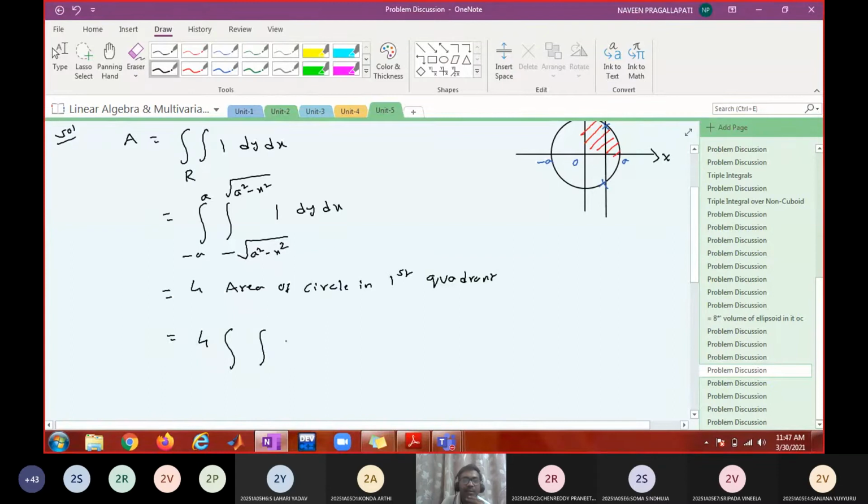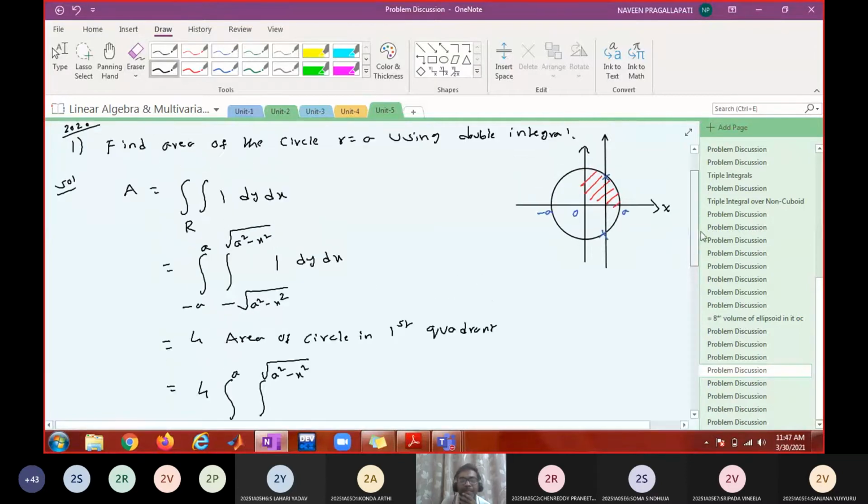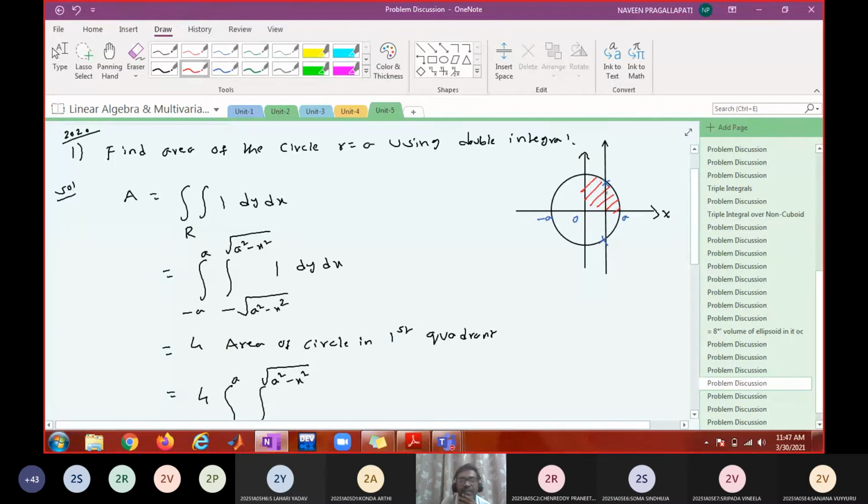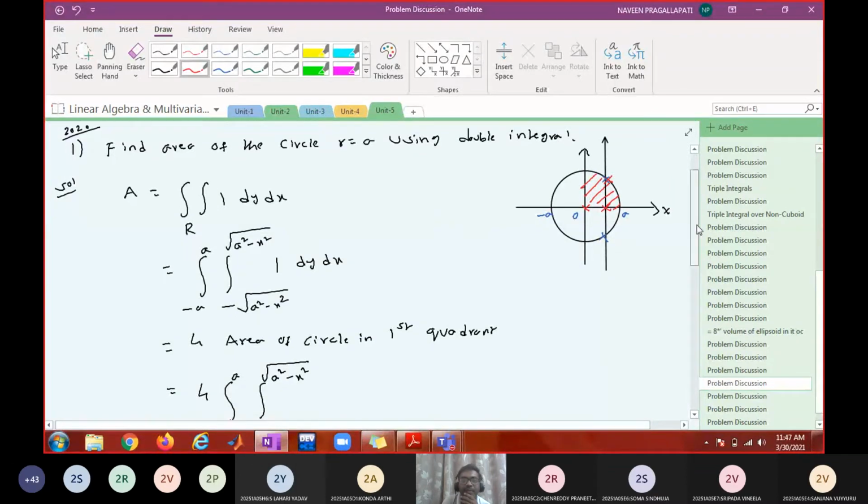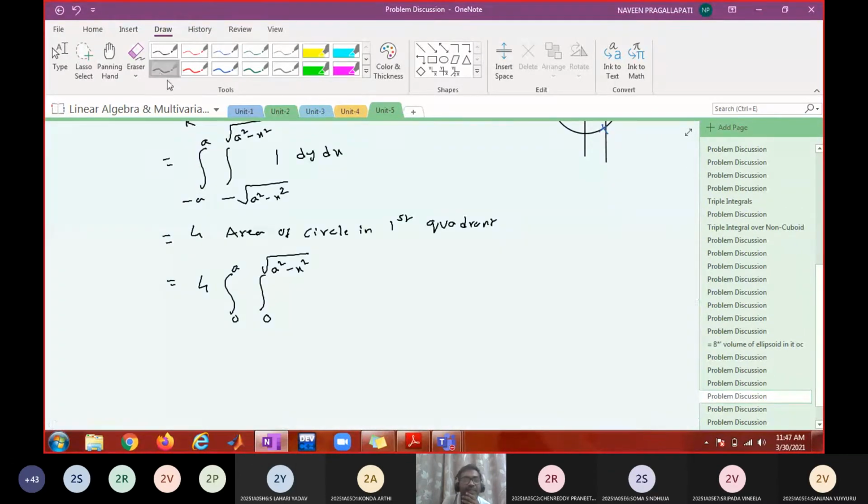Now this will be 0 to root of a square minus x square, and x from 0 to a, because it is in only the first quadrant. Then it starts from here to here, and here to here. Okay, so 1 dy dx.